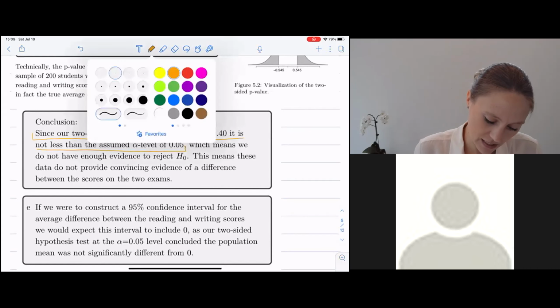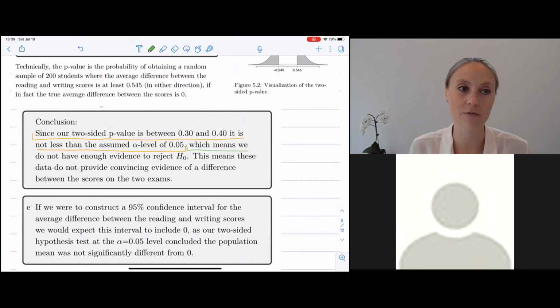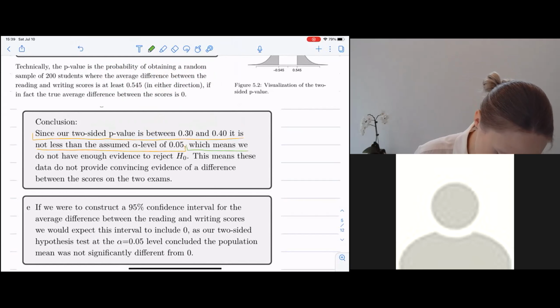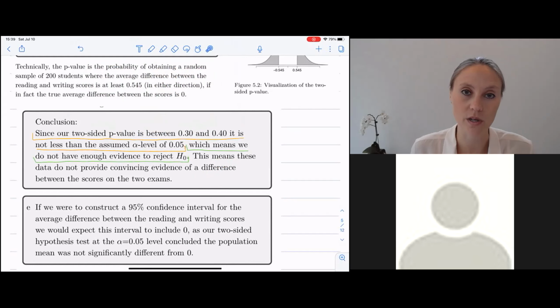And then what does that mean in terms of the question? If it's not less than the alpha level, we do not have enough evidence to reject H naught. This means these data do not provide convincing evidence of a difference between the scores on the 2 exams, right? And so we use the mean of the differences to detect a difference on the scores. You have to really keep track of the words that you're using here.